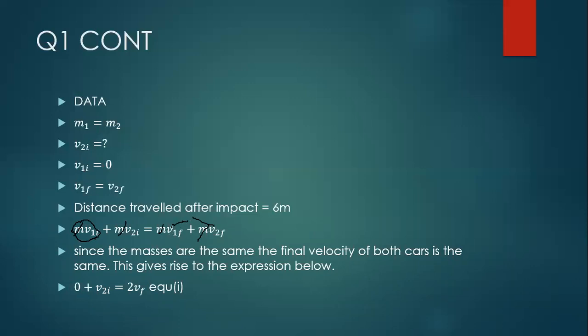If Eunice and Chipo have the same masses, have the same grades, when we add them, they'll be 2 times the velocity of either of them. So no wonder we have 2 VF, because velocity here and velocity there is the same. That's what we are saying here. So we have 2 VF. Is that okay? Yes. This is equation 1.